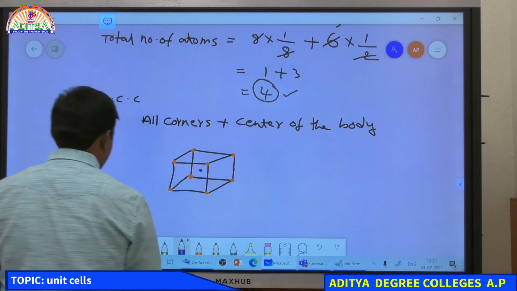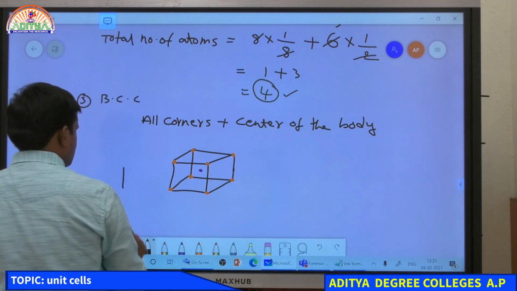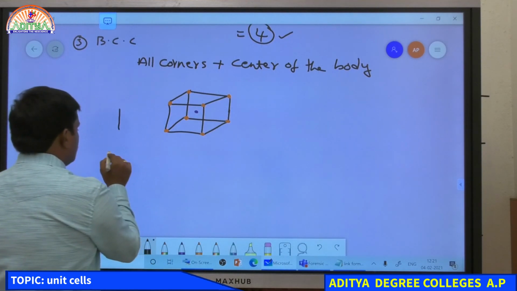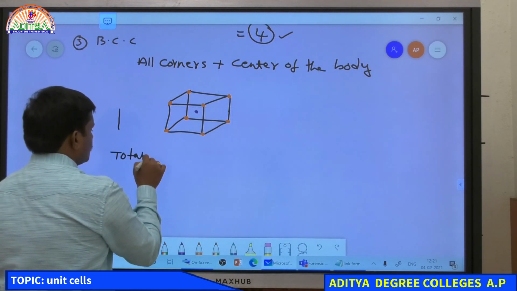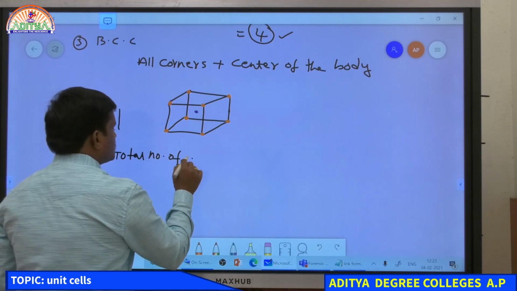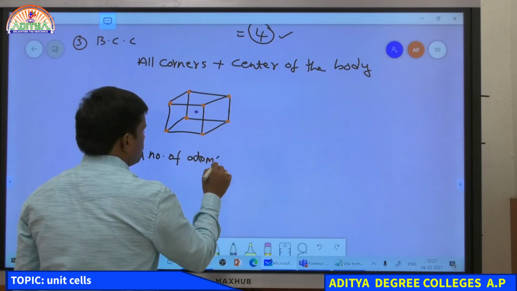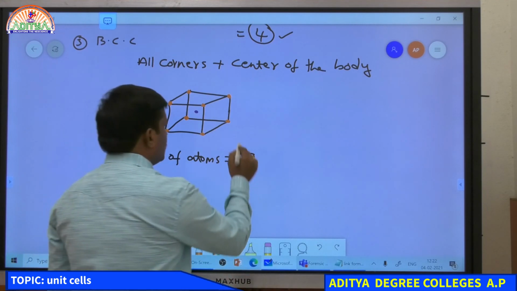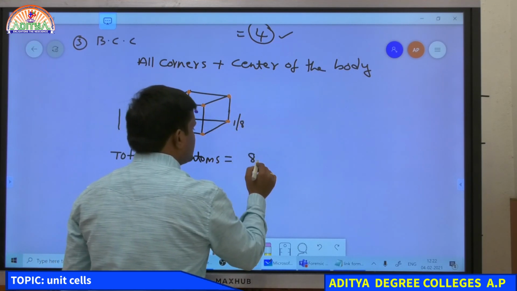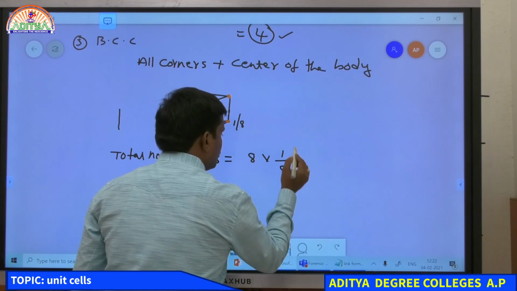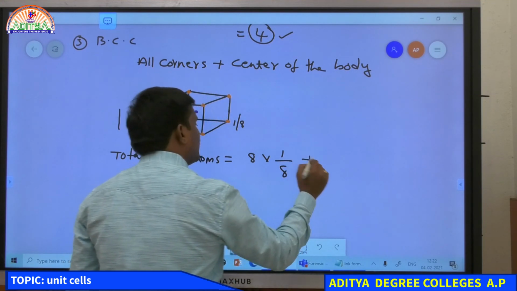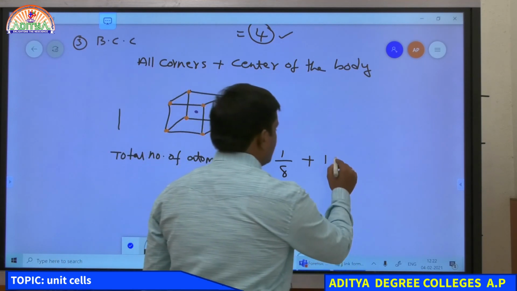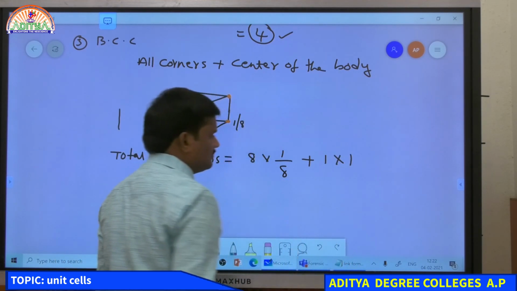Therefore, the total number of atoms is equal to, so 8 points present at 8 corners, but each corner contribution for a single unit cell is 1 by 8, and then 1 point present at the center, but that is the contribution for only 1 unit cell.